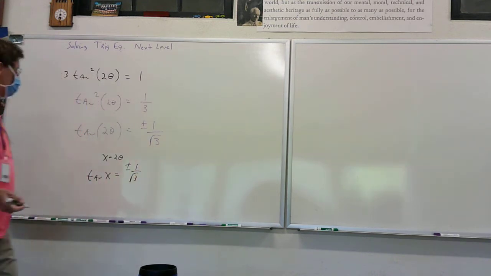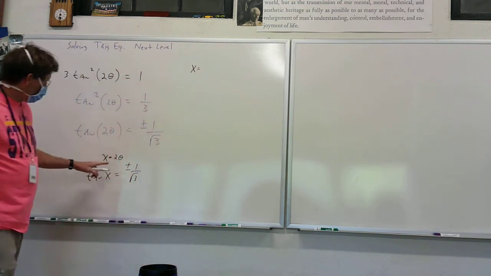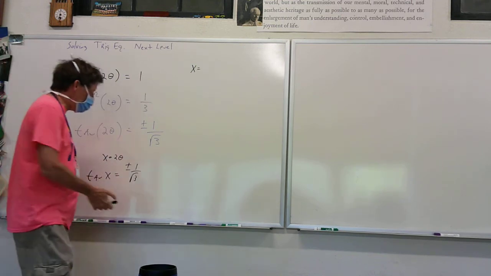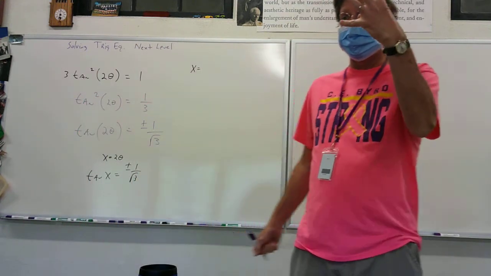We're going to find the x values. Are you okay with this? I'm making x equal 2 theta so that I can just look for the values. So I look on my circle and I find out where does tangent equal a positive or a negative 1 over the square root of 3. And there should be 4 places.